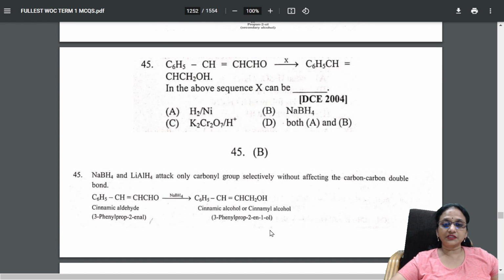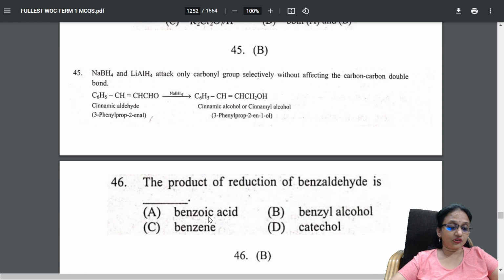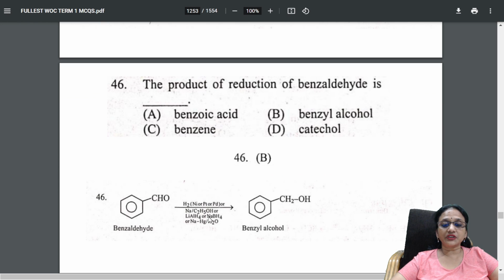Further, students, I have given you a reaction based on sodium borohydride, which is a good reducing agent, like lithium aluminum hydride. The product formed is the conversion of aldehydes to primary alcohols. Further questions are given on the aromatic compound, benzaldehyde reduction.